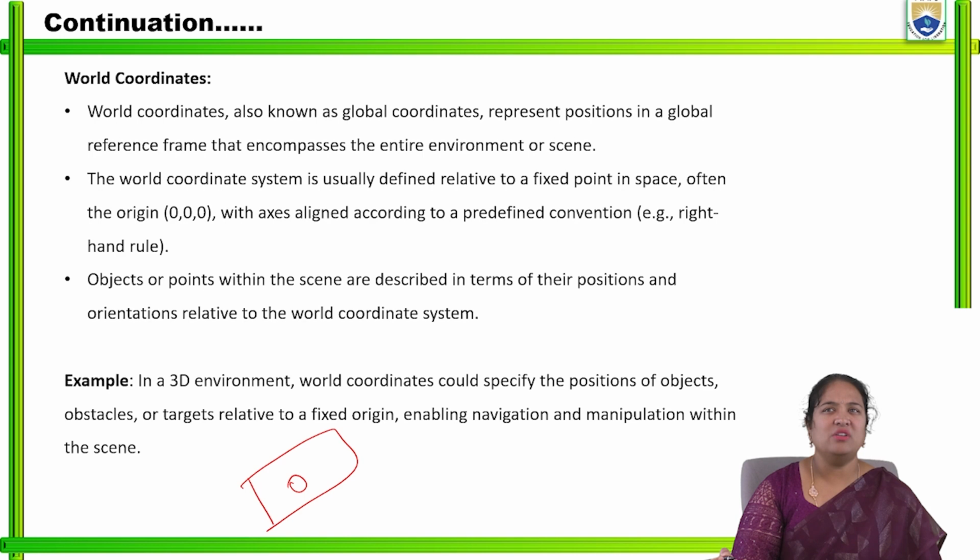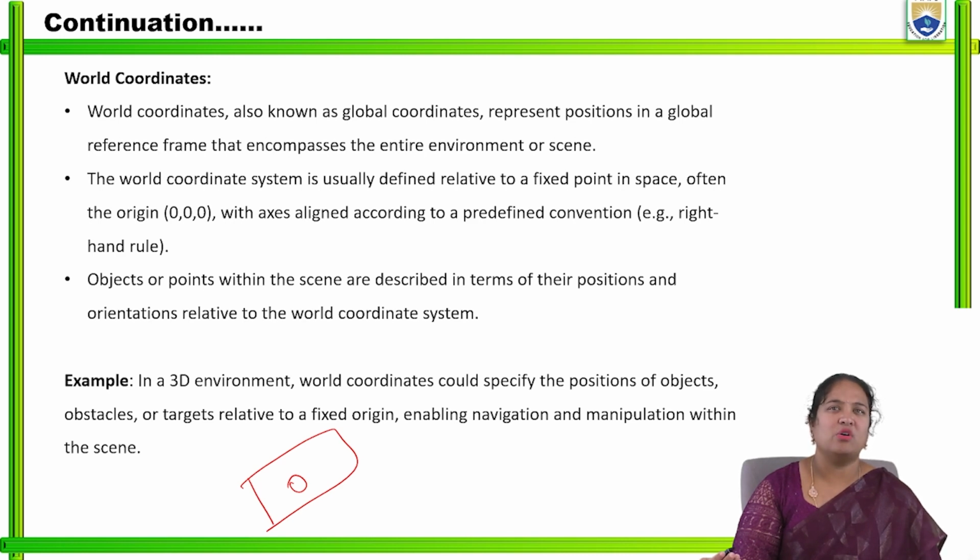So here in the world coordinate system, what are we doing? World means what? It is nothing but our surroundings, right? So within our global coordinate system, the position or the orientation of any particular object will be determined with the help of the world coordinate system.